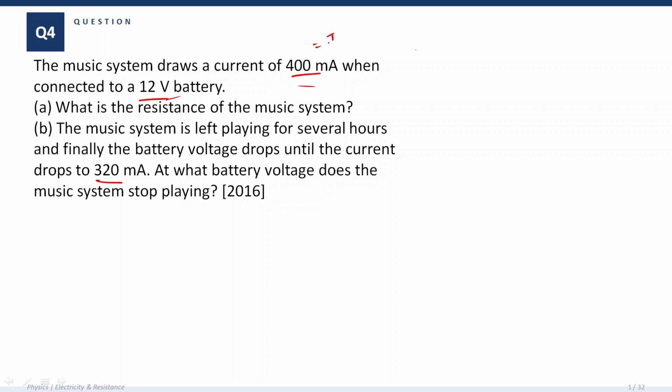I equal to epsilon, then epsilon equal to I into R. 12, current is given in milliamperes, so I will convert into ampere. 0.4 ampere into resistance R. Then R equal to 12 by 0.4.